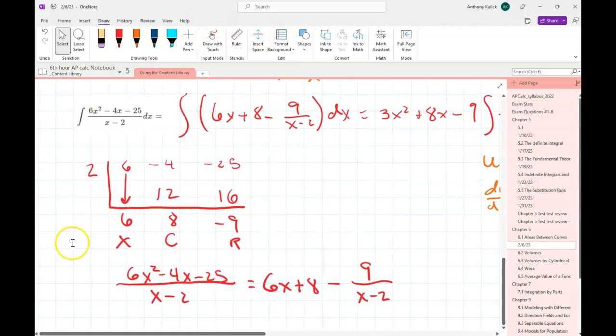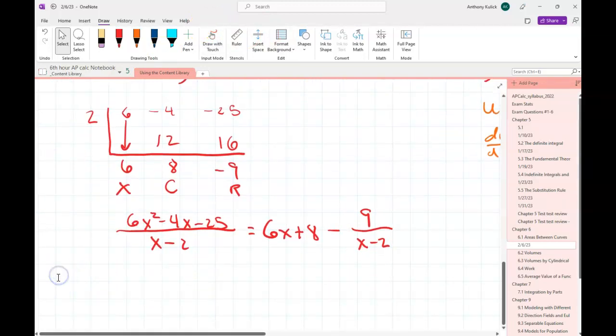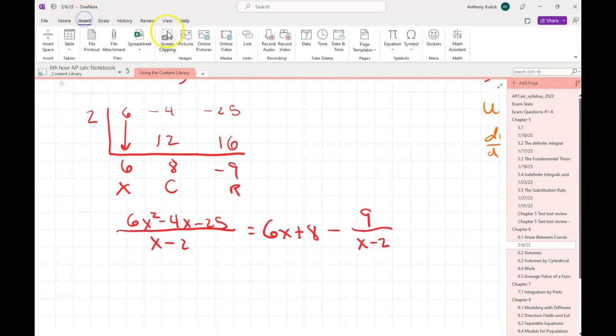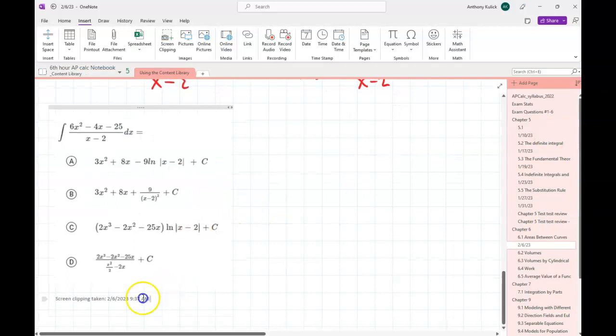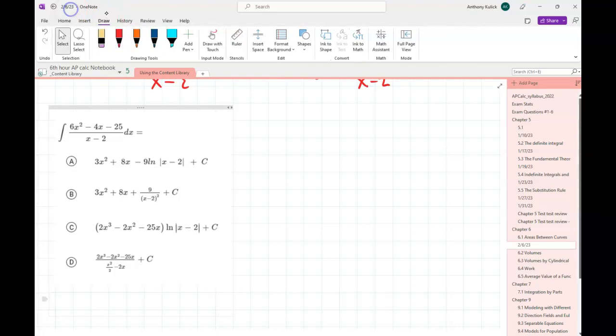So if I look at the actual full multiple choice problem and the answers, only 2 of them are plausible right away, because the other 2 don't have a natural log of x minus 2 in them.